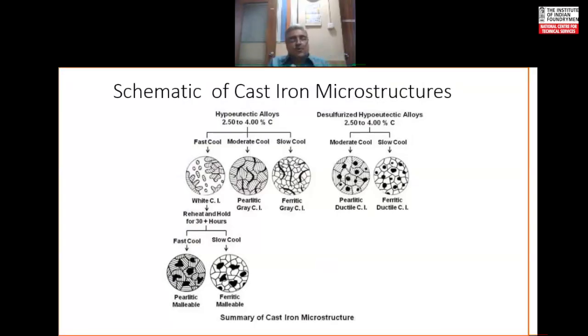And if you do slow cooling, you will get ferritic malleable iron. Why malleable? Because this iron will exhibit ductility, unlike the cast iron or gray iron. In fact, gray iron is called gray, as all of you really know, because the fracture of the iron looks gray.